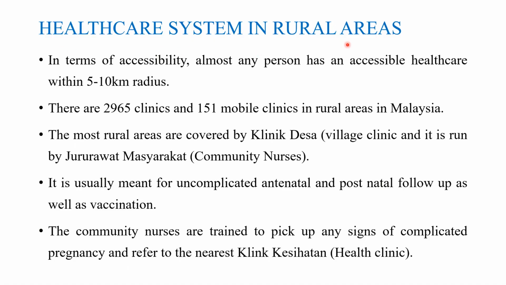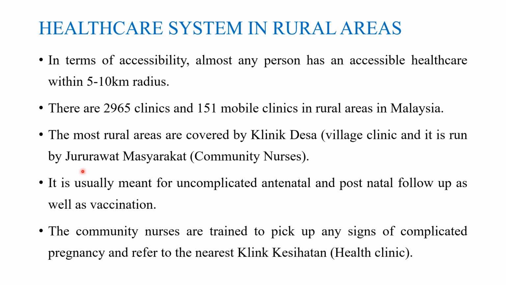So, the healthcare system in rural areas. In terms of accessibility, almost any person has accessible healthcare within a 5 to 10 kilometer radius. There are 2965 clinics and 151 mobile clinics in rural areas in Malaysia. Most rural areas are covered by Klinik Desa, that is the village clinic, and it is run by Jururawat Masyarakat.